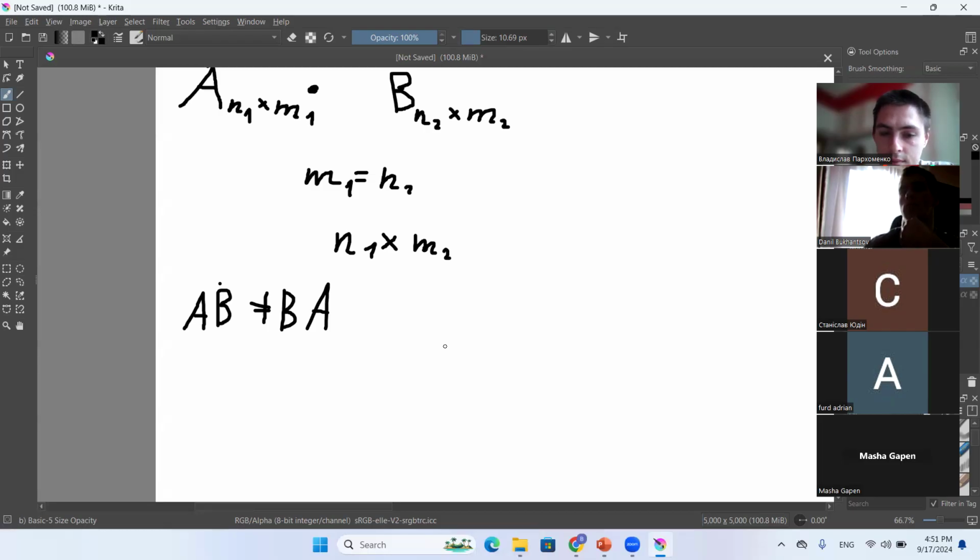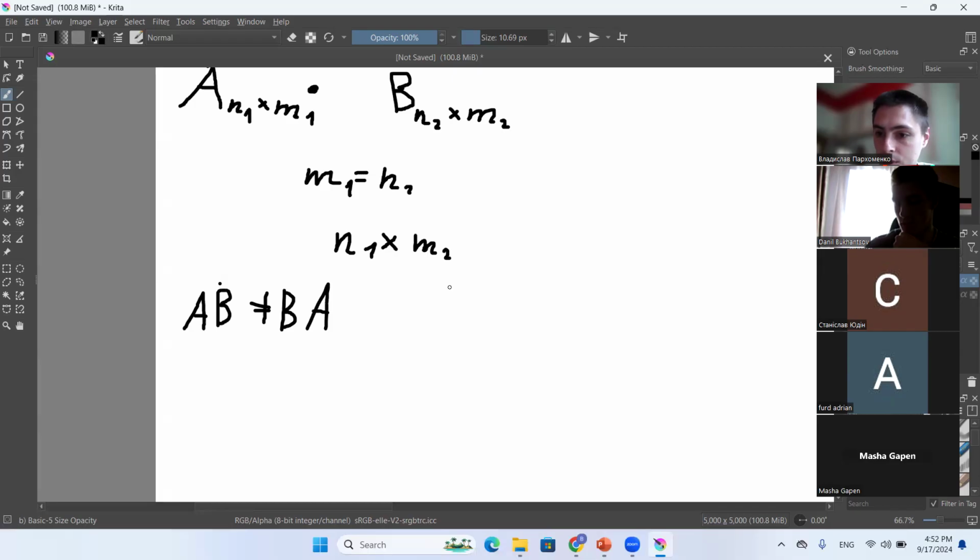I think we can transpose all the matrices. Yeah, you can transpose any matrix. Actually, it's just a mistake that beginners usually make. So it's good that you know about it and remember.